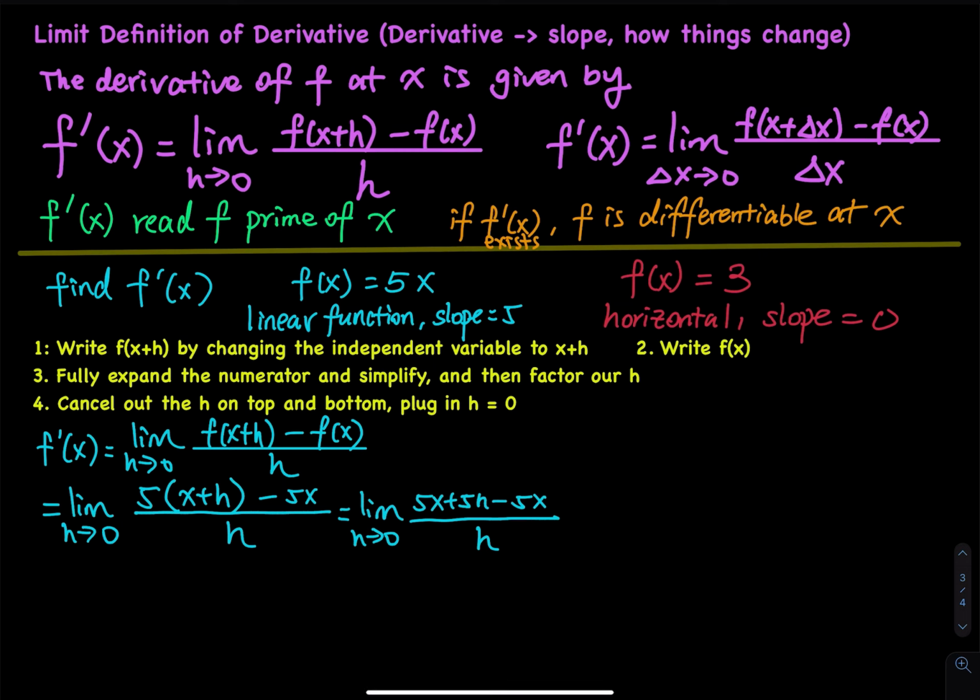You can see the pi x terms cancel, and then you have the limit as h approaches 0 of pi h divided by h. This is like a checkpoint. If you are not able to get rid of the h in the denominator, then everything you did is wrong. You must be able to get rid of the h in the denominator. So you cancel out the h, and that equals pi.